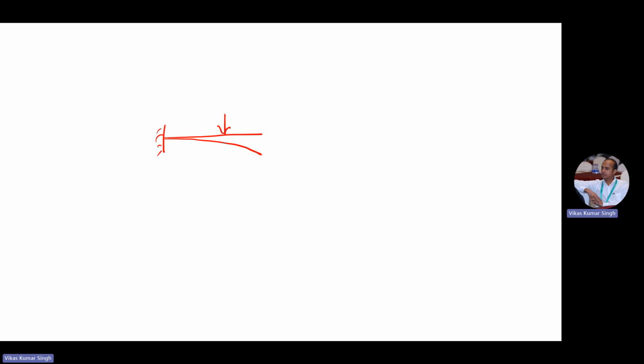Maybe this will shear off from here, or this will bend and fail according to some extra load. Static means a static structure or a static member. So this whole theory of failure is applicable to static failure, means a static member only.